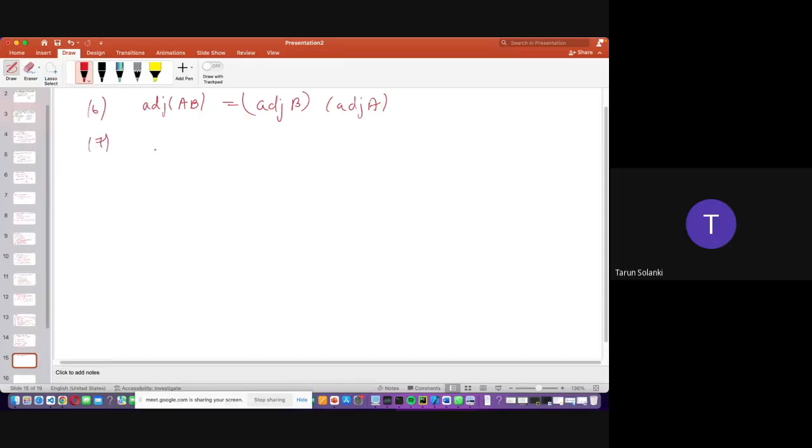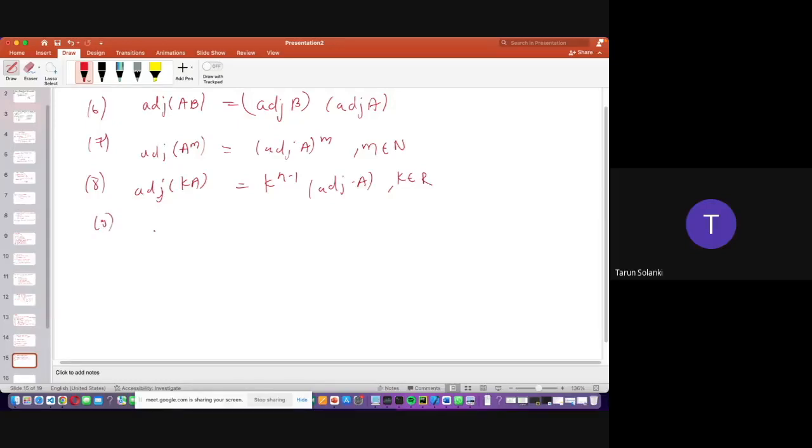Property number seventh, adjoint A to the power m is adjoint A to the power m, where m belongs to N. Property 8th, adjoint of Ka is K to the power n minus 1 of adjoint A, where K belongs to R.